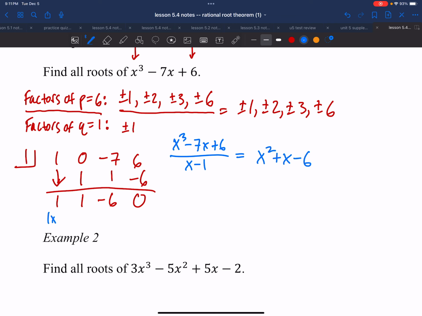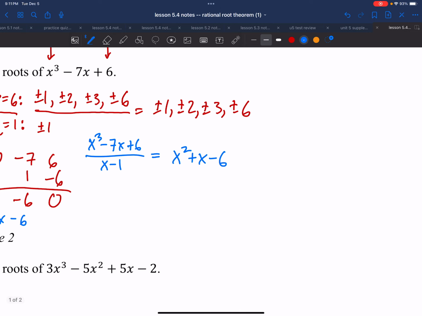You can see that's 1x squared plus 1x minus 6, right? You can factor this to find the other roots.